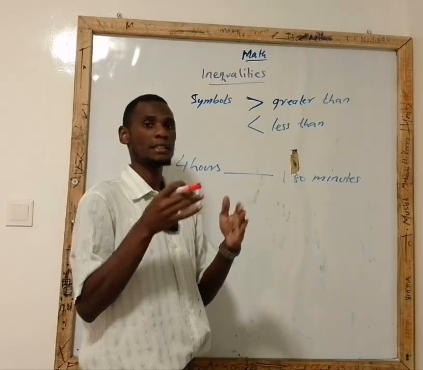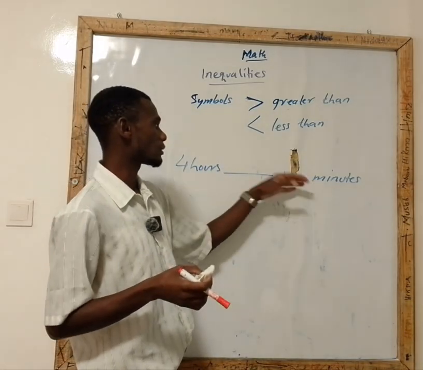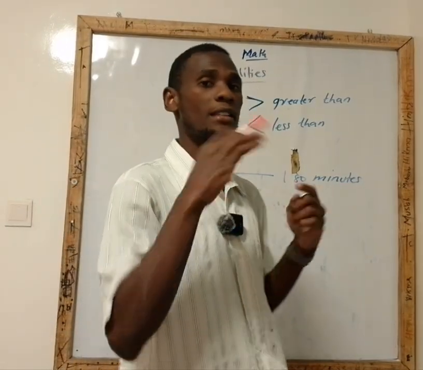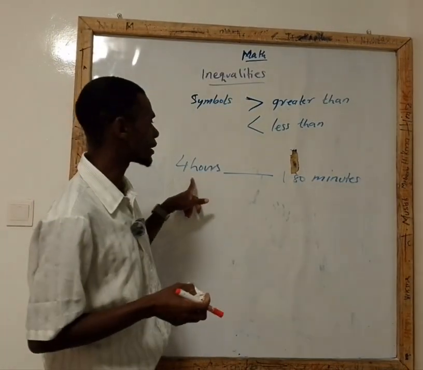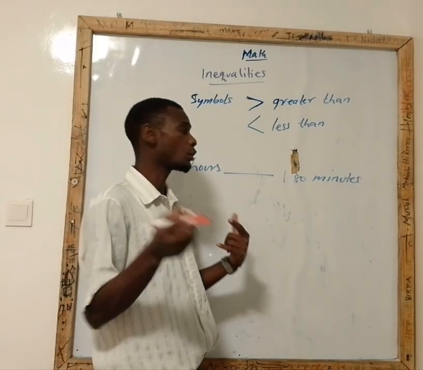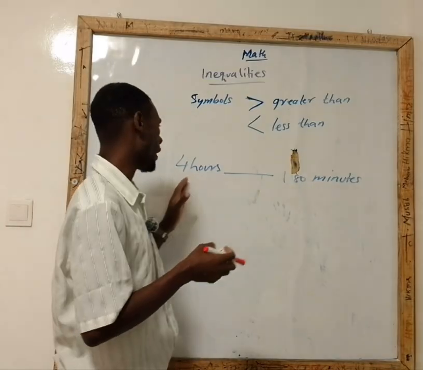For you to know the exact symbol to use, whether this is less than this or this is greater than this, you need the same unit. Either we change these 4 hours into minutes so that we have minutes, then you can compare, or we change these minutes into hours so that we have hours.